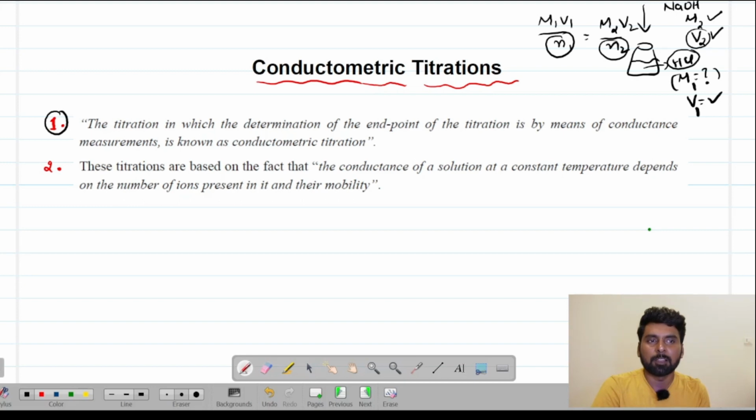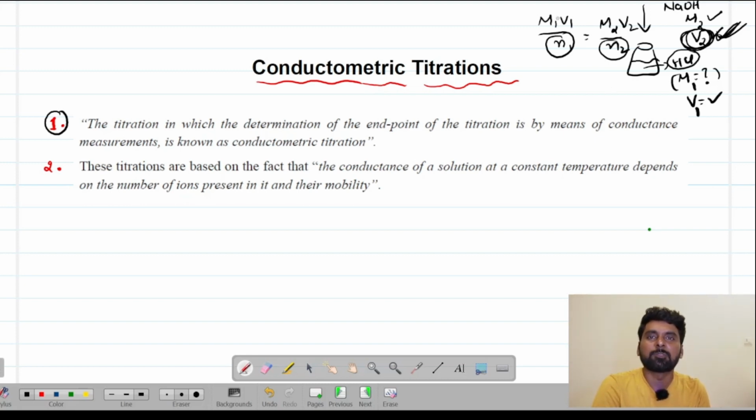Based on the volume determined during the titration, you can find out the molarity of the HCl. What is V2? V2 is the endpoint volume of NaOH, which is decided by the change in color of the solution in the conical flask. That is the normal titration.